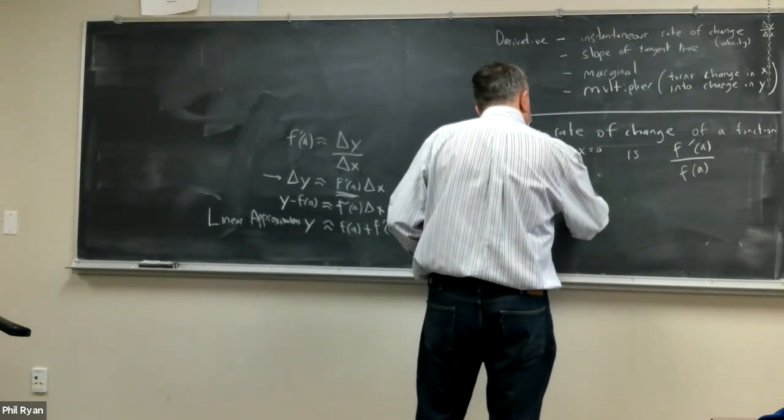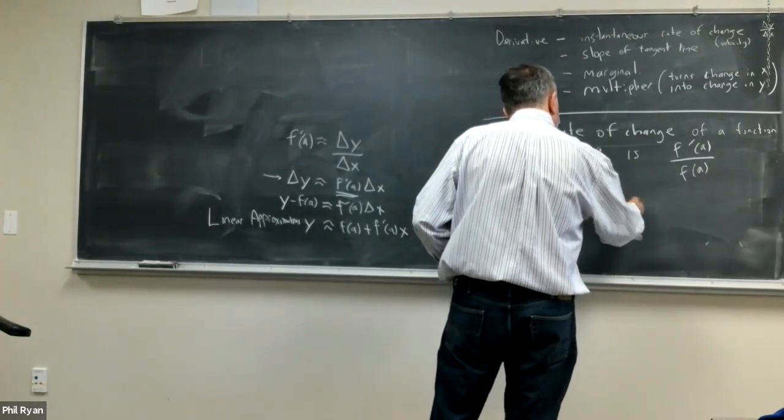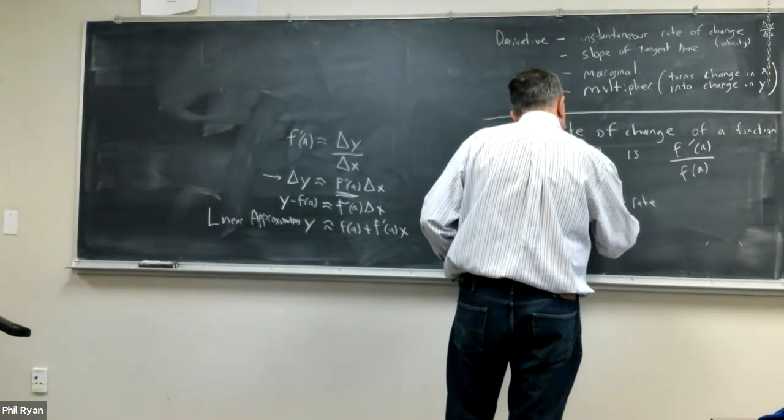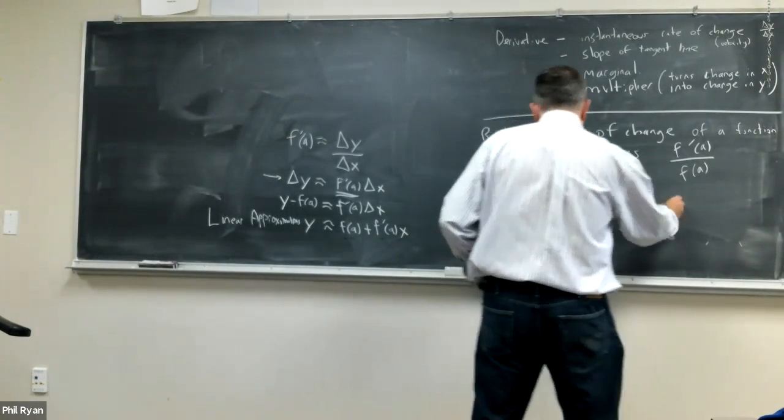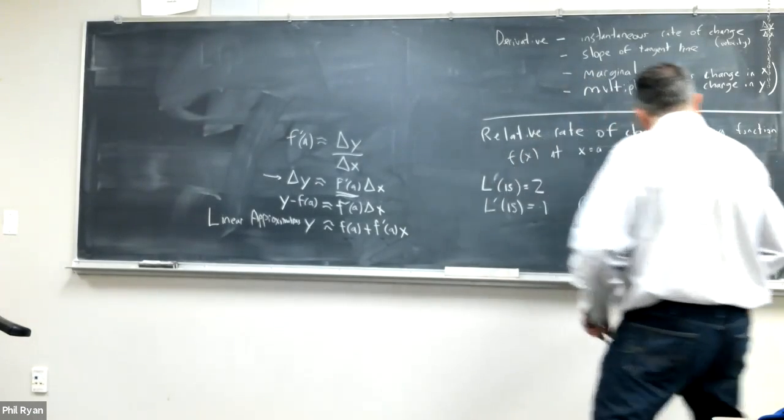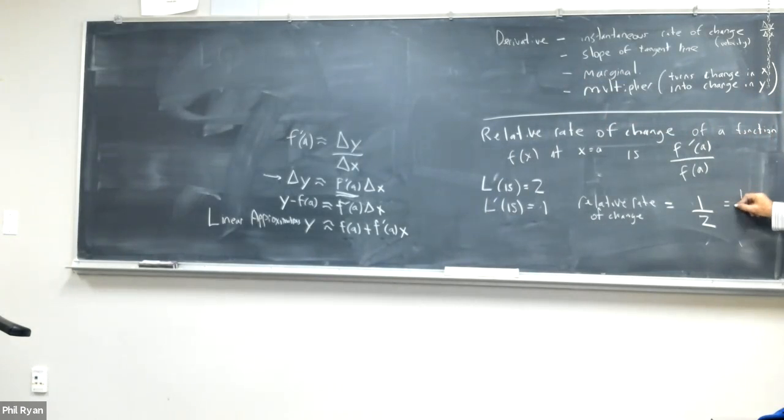Whereas the relative rate of change is 0.1 divided by 2, which is 1/20th, or 5%. So when you've got 15 friends, the time you spend on Facebook changes by 5%. You spend 5% extra time when you've got an extra friend. Sometimes that's a useful way of talking about things.